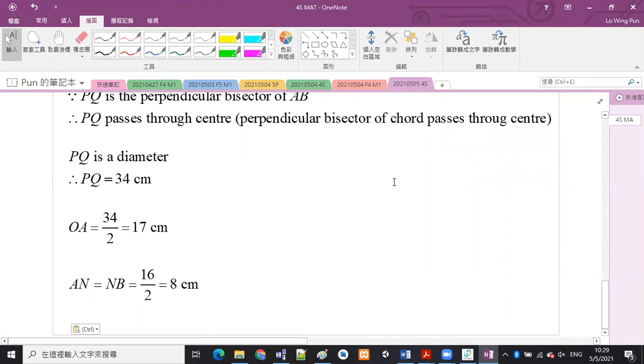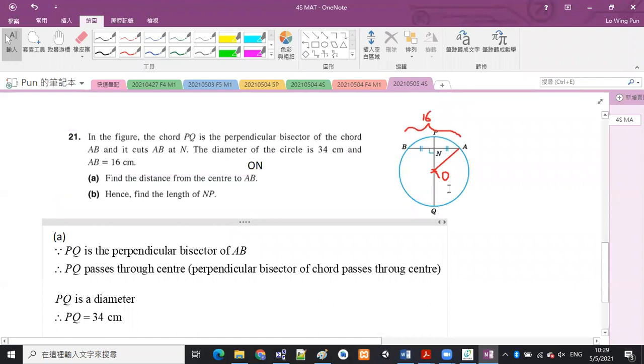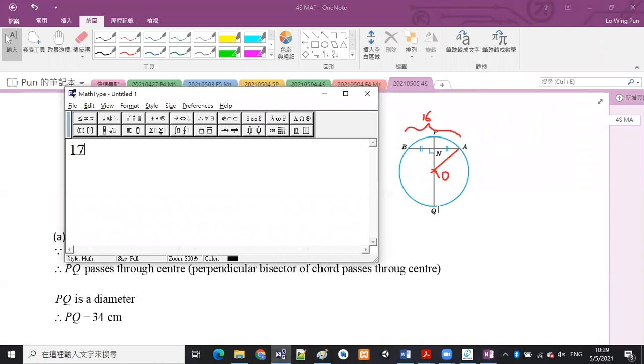好啦，咁我哋喺呢一個直角三角形裏邊，係咪有咗兩條邊嘅長度啊？咁我哋就會用 Pythagoras theorem 啦，去計翻第三條邊嘅長度，係嘛？We have OA being 17, AN being 8. Therefore, 17 squared is equal to 8 squared plus ON squared.